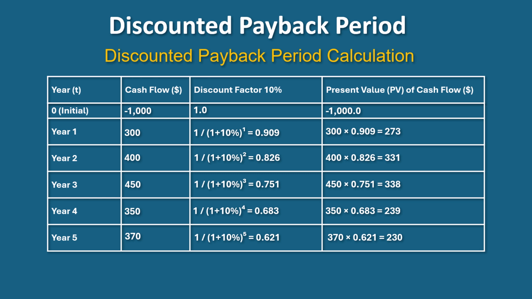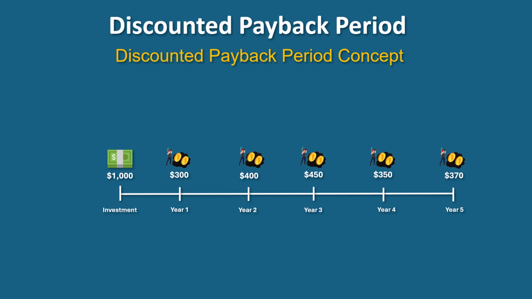For year 1, $300 divided by 1.10 equals approximately $273. Year 2, $400 divided by 1.10 squared equals approximately $331, and all are calculated the same way. Now we calculate the cumulative discounted cash flow.